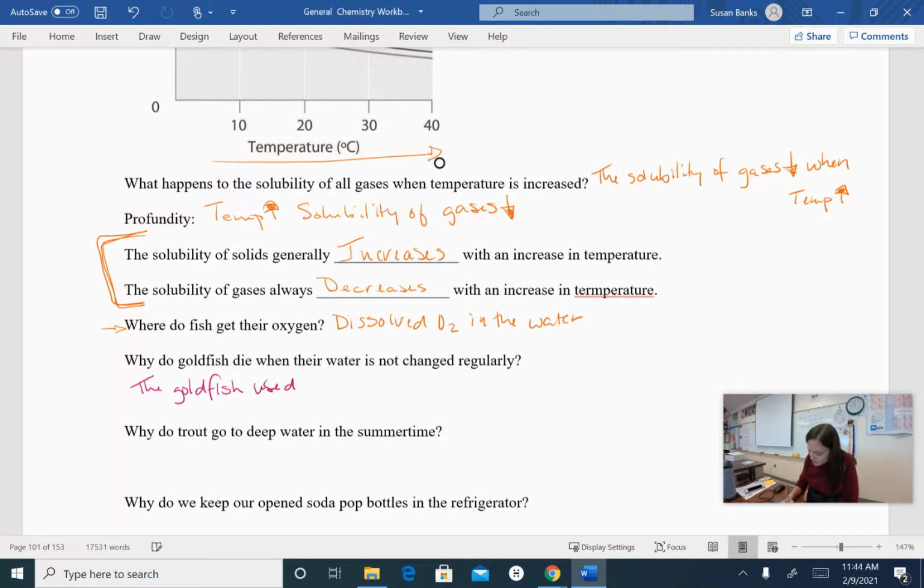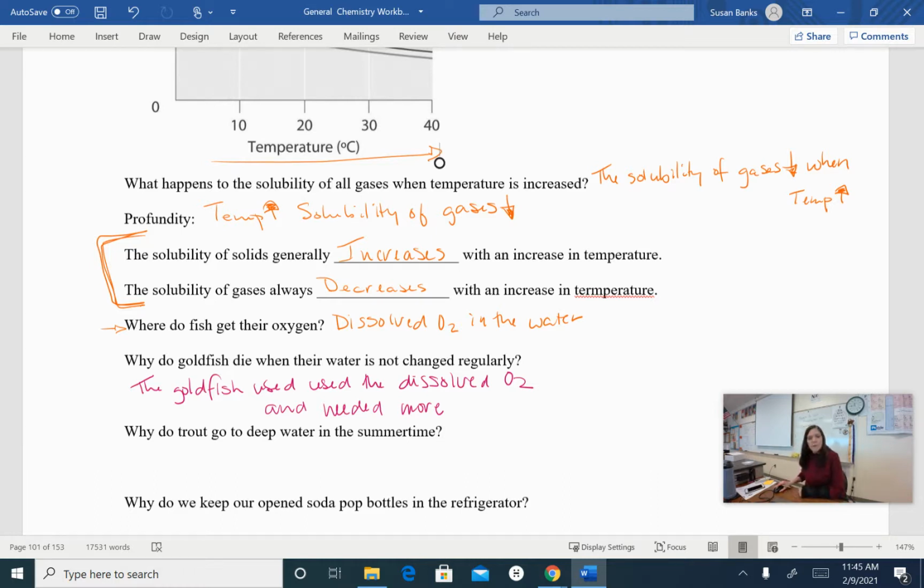So the goldfish used up the dissolved oxygen and needed more. So essentially, if you don't change that water in your fish tank regularly, or you don't have an air pump filtering air in there all the time, you're suffocating your fish.